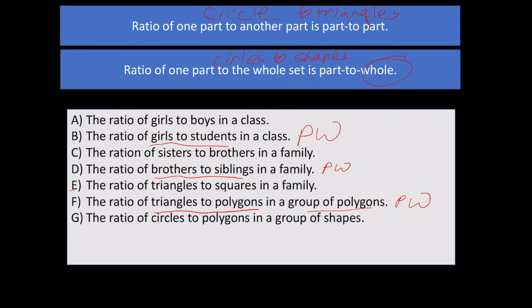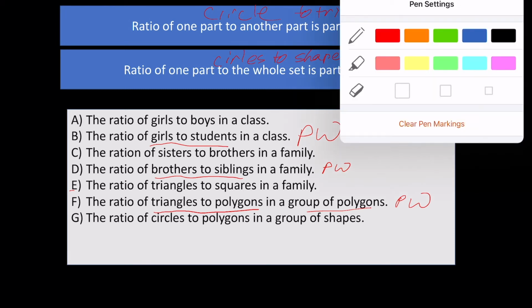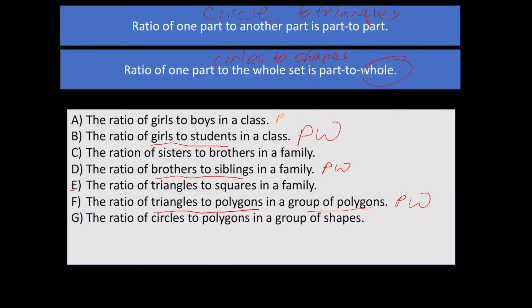Okay, and then if we went back, obviously these ones would all be the part to part, because I have girls to boys in the whole, all of the students. I have sisters to brothers in the whole family, right? I have triangles to squares. And then I have circles to polygons in all the shapes.